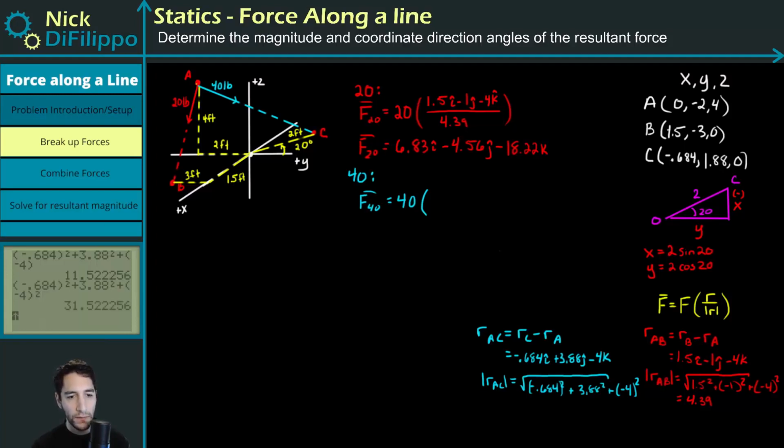I need to take the square root of this. So this magnitude is going to be 5.61.